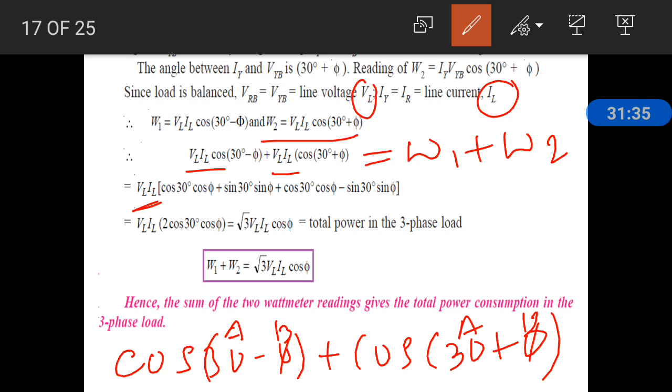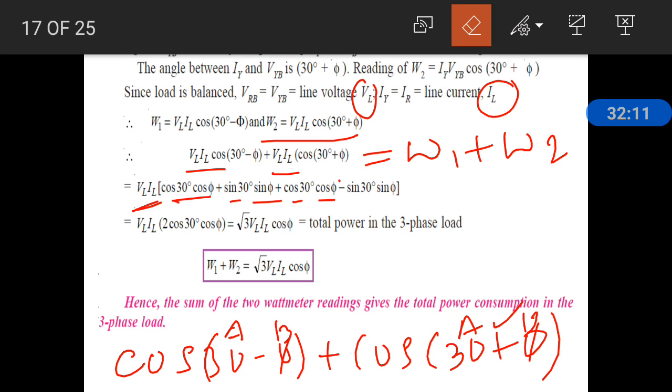Applying the rule, cos A minus B gives cos 30 cos 5 plus sin 30 sin 5. Cos A plus B gives cos 30 cos 5 minus sin 30 sin 5.